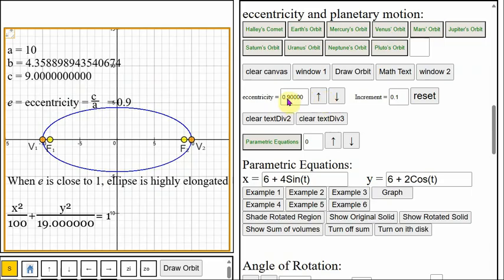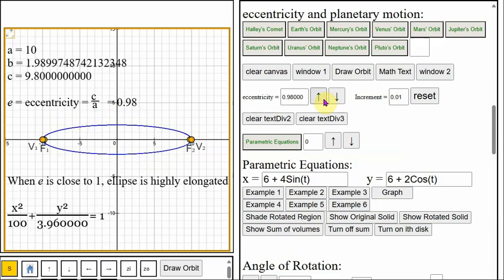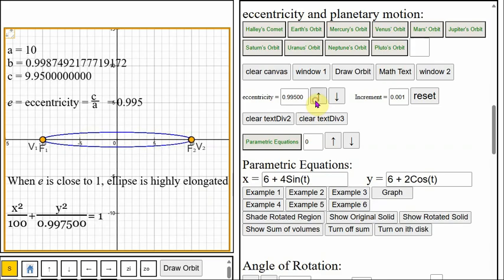Here we have an eccentricity of 0.9. And here the eccentricity is 0.99. We can see that the ellipse is becoming more elongated, or highly elongated. So let's move even closer to 1 for the eccentricity.